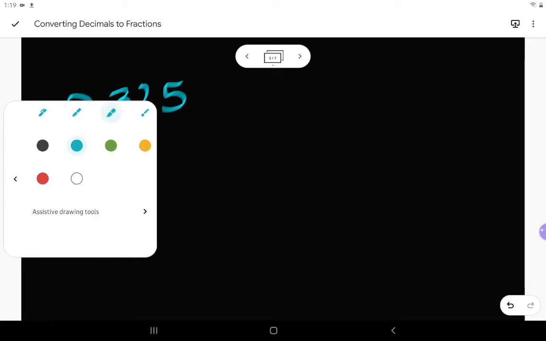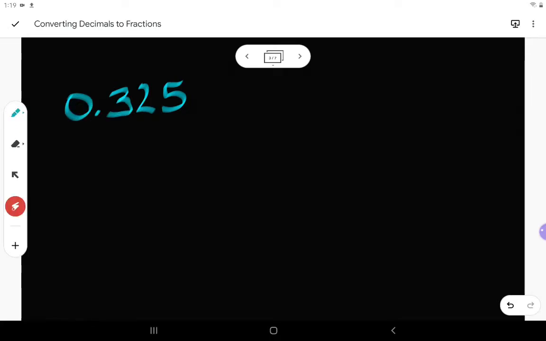0.325. I could remember that if I say this name properly, I would say 325 thousandths, so that 5 is in the thousandths position. But if I've forgotten, here's my fraction. I'm always going to put a 1 in the bottom. I look at the numbers on the right-hand side of the decimal point. I see 3 numbers there, which means I need 3 zeros.